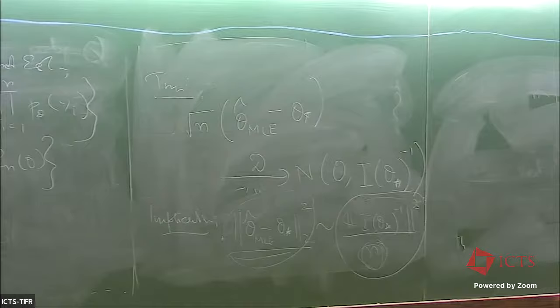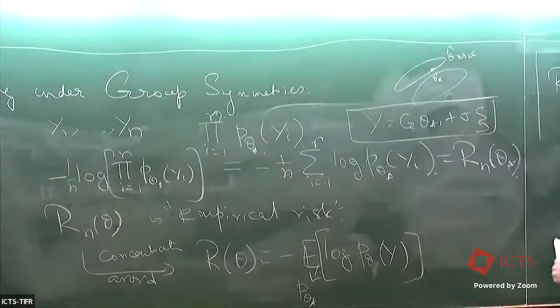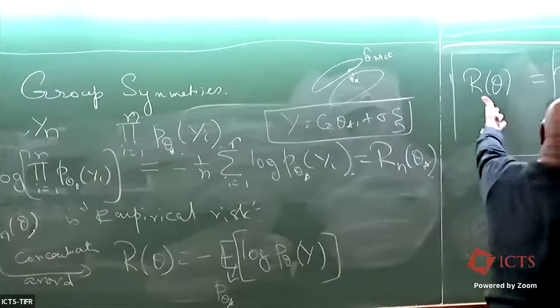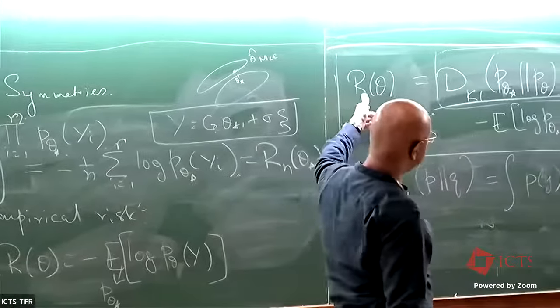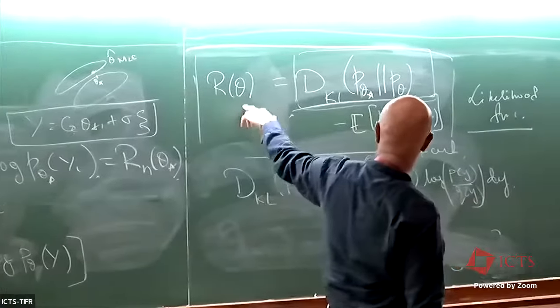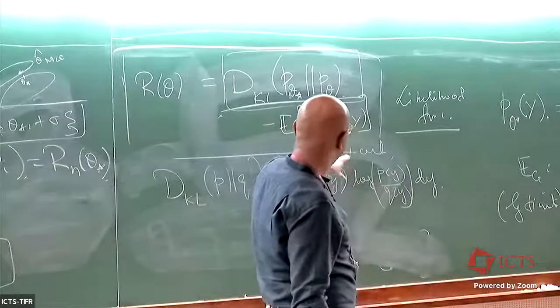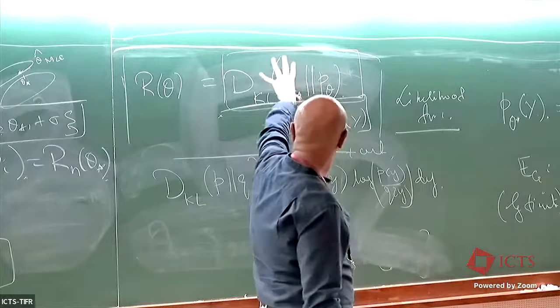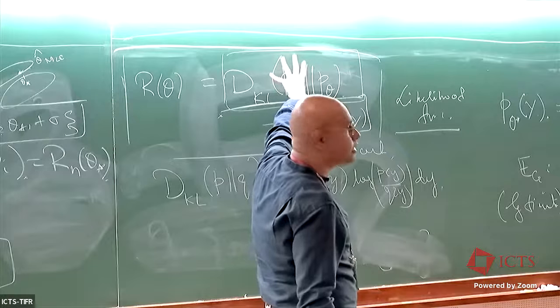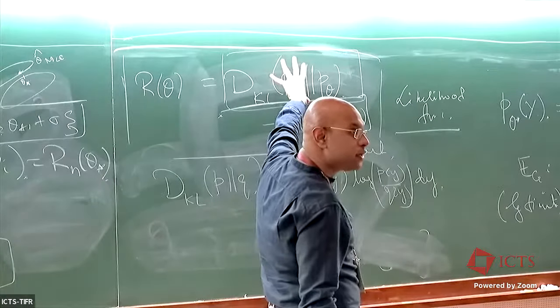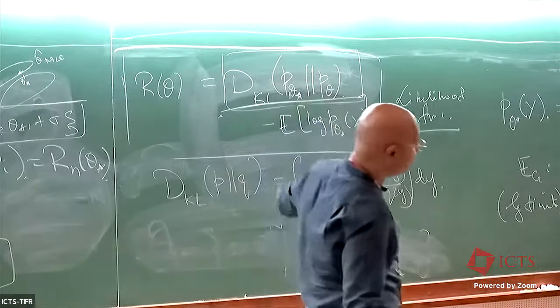Because of this identification, when we calculate the Hessian of this quantity near theta equal to theta star, everything else doesn't depend on theta. So we really are interested in the Hessian of the Kullback-Leibler divergence of this model near theta equal to theta star.